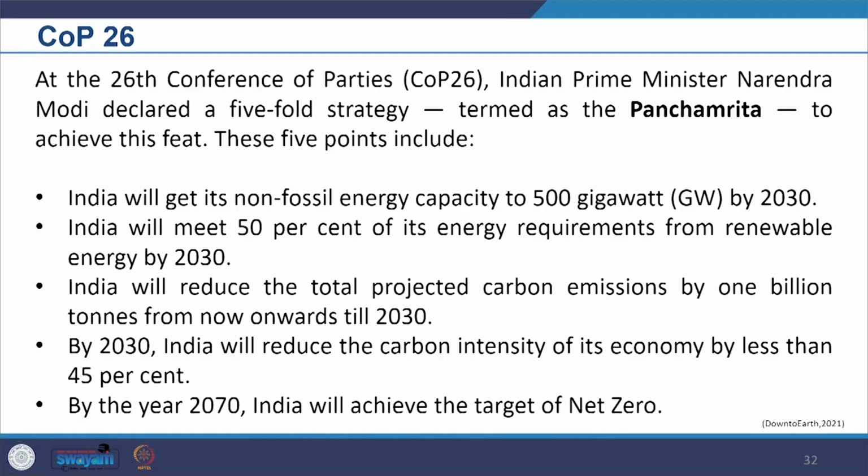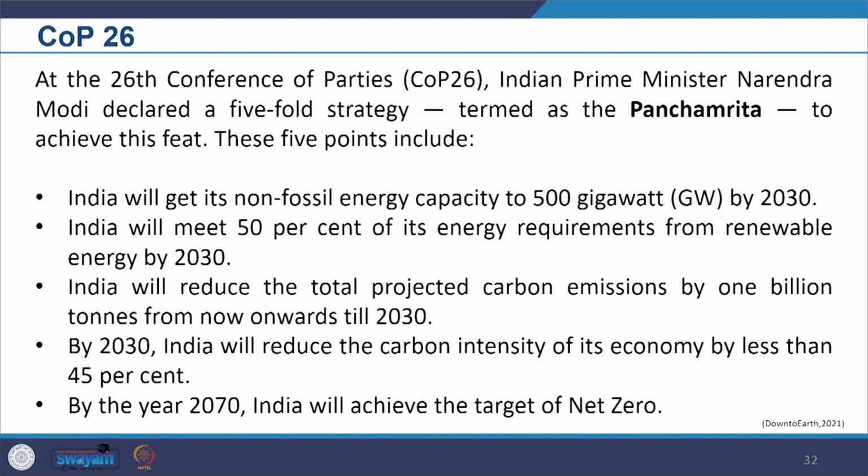So, you may have observed the commitment of our Prime Minister at the 26th Conference of Parties, COP26, where the PM gave a 5-fold strategy, termed Panchamrit, to achieve the emission goals, which include the use of non-fossil energy capacity. Then, to meet 50% of its energy requirement from renewable energy sources, as well as to reduce the total projected carbon emissions by 1 billion tons from now till 2030.